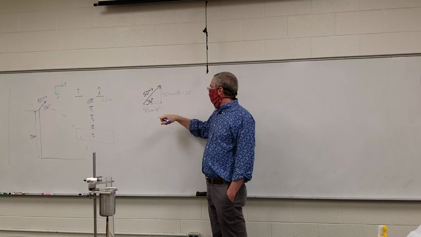How did we get the 43.3 for the final velocity? There are a couple ways of doing it. Because acceleration is 0, if you think about the kinematic formulas, we have vf squared equals vi squared plus 2a dot delta s.